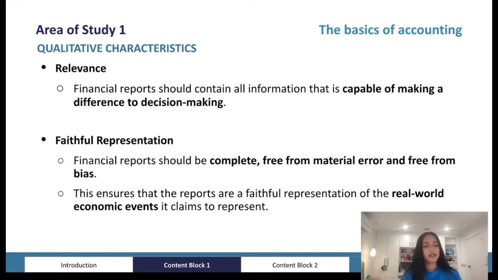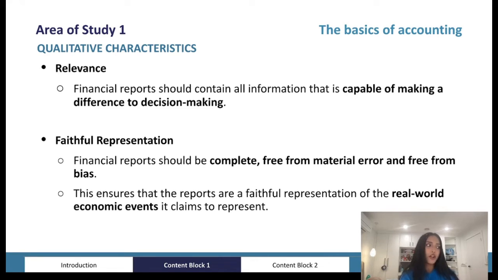And then the third one is free from bias. So a lot of the times the business owner is very biased. So they want their business to appear a certain way. That's a very, very common scenario that you'll be given with your theory question: the business owner wants the report to come out a certain way.